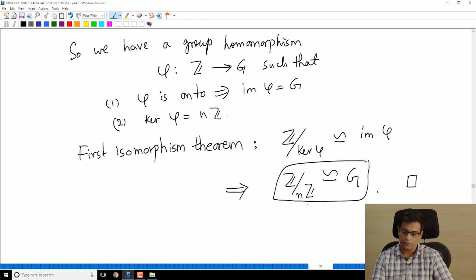However, we have identified it with a very specific, well-known, easily understood group, Z mod nZ. Using isomorphism theorems, we can isolate the important properties of cyclic groups and think of them as Z mod nZ. There is nothing more.